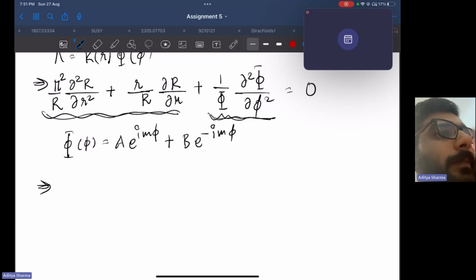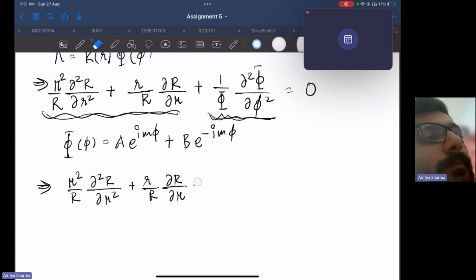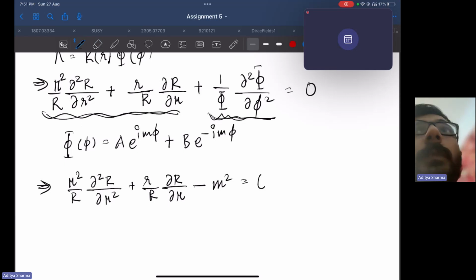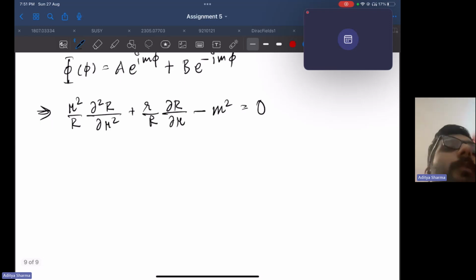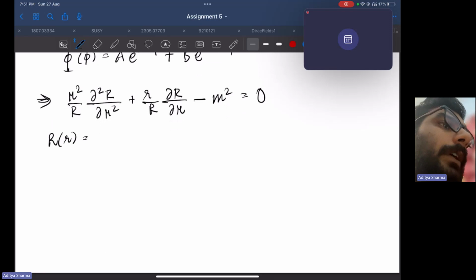So if that is minus m square, that means r square by r equals 0. Now what you're going to do is choose r of r to be r to the power n. Then what you're going to have is r square by r to the power n.